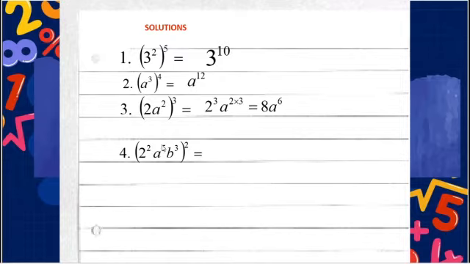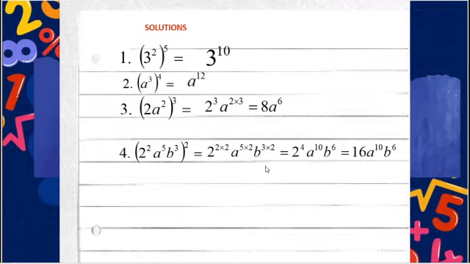So, lahat yan magkakaroon ng 2. At the same time, application of power of a power, i-multiply natin yan sa mga exponent dyan sa loob. So, magiging 2 raised to 2 times 2, a raised to 5 times 2, and b raised to 3 times 2. And then, simplify lang natin lahat yan. That is equal to 2 to the 4th, a to the 10th, and b to the 6th.